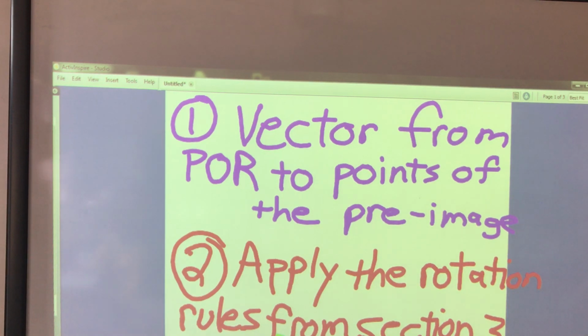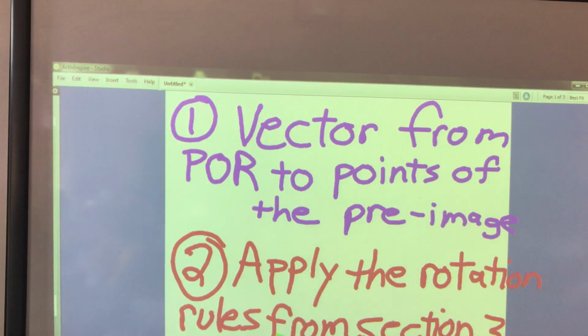Okay, we are recording and we're looking at how to rotate a shape around a point other than the origin. There are 3 steps that we have to do in order for this to take place.